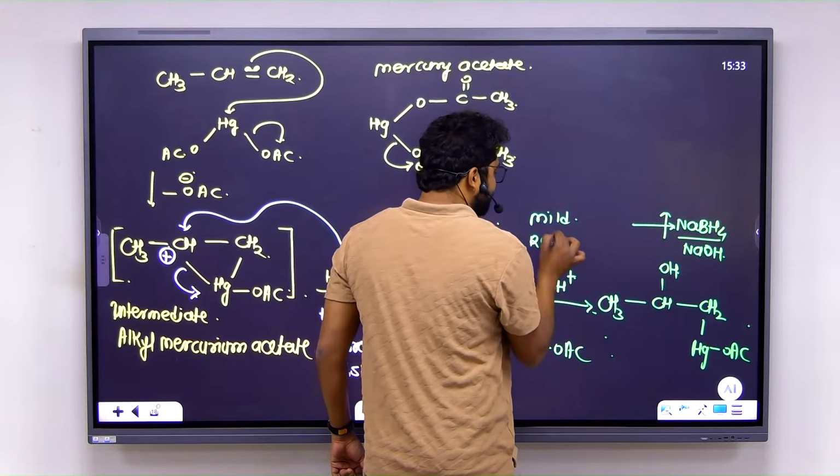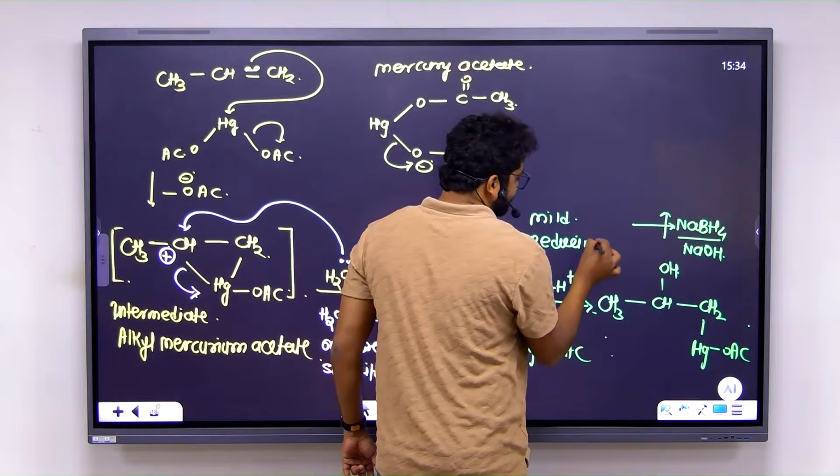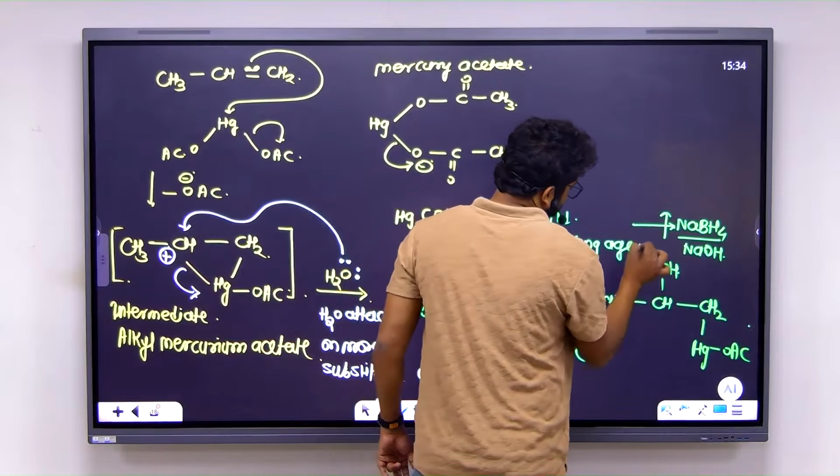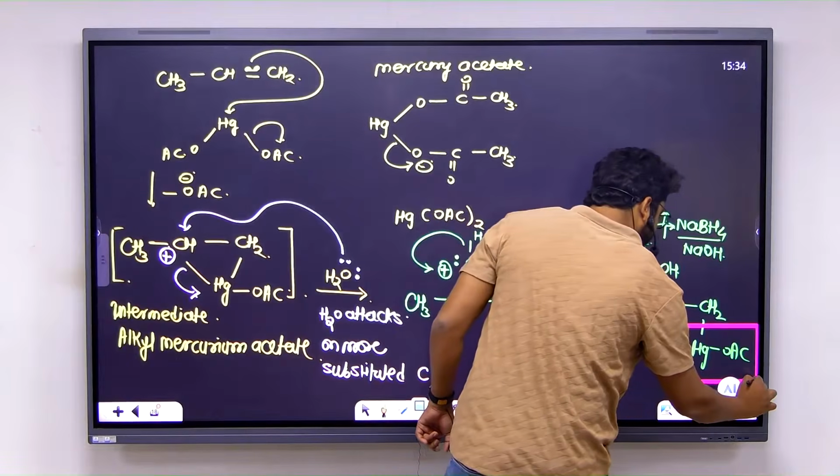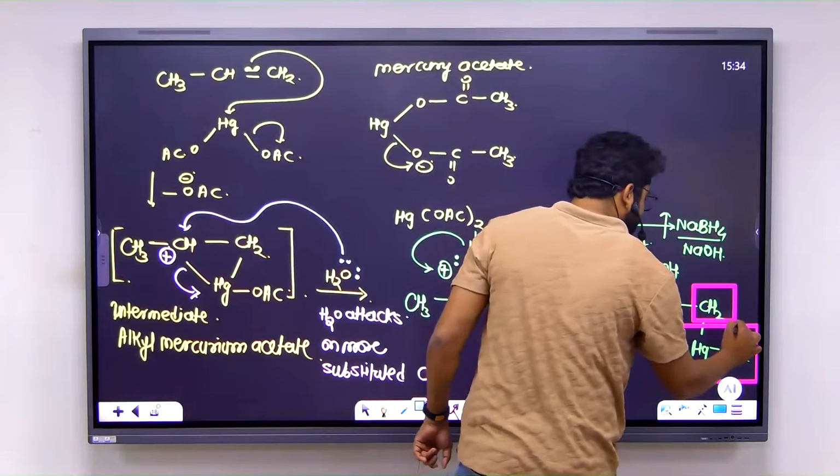And your mild reducing agent reduces this whole group. This whole group is now reduced.